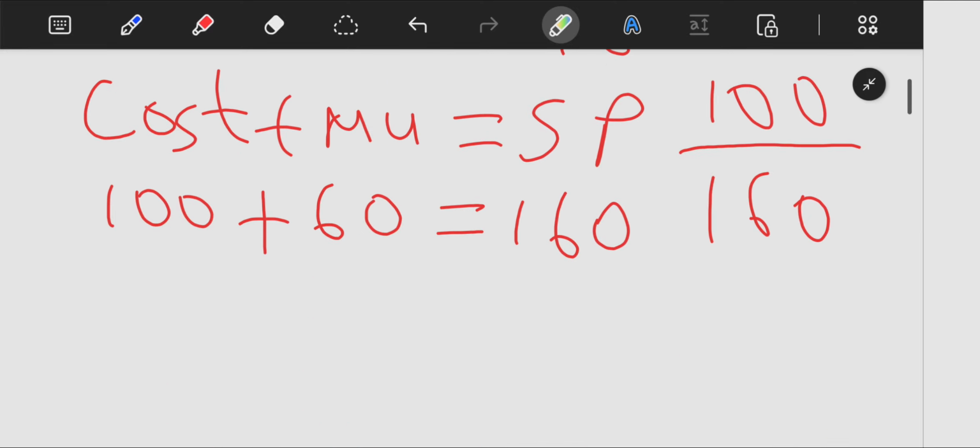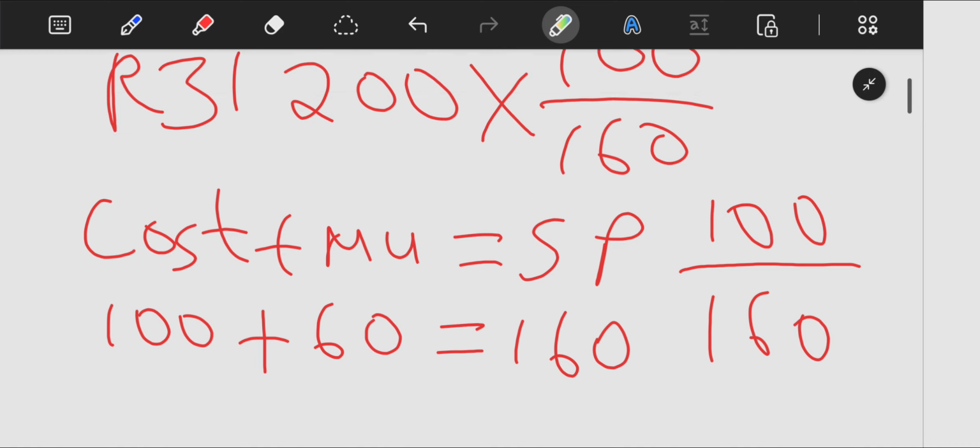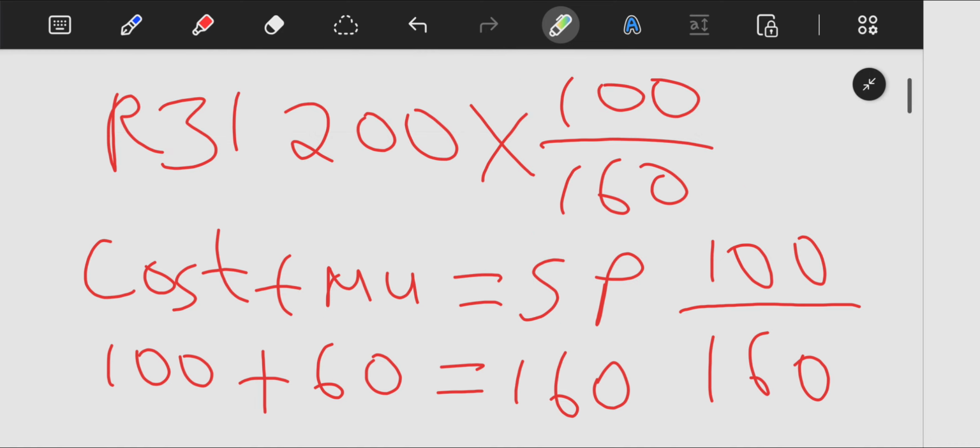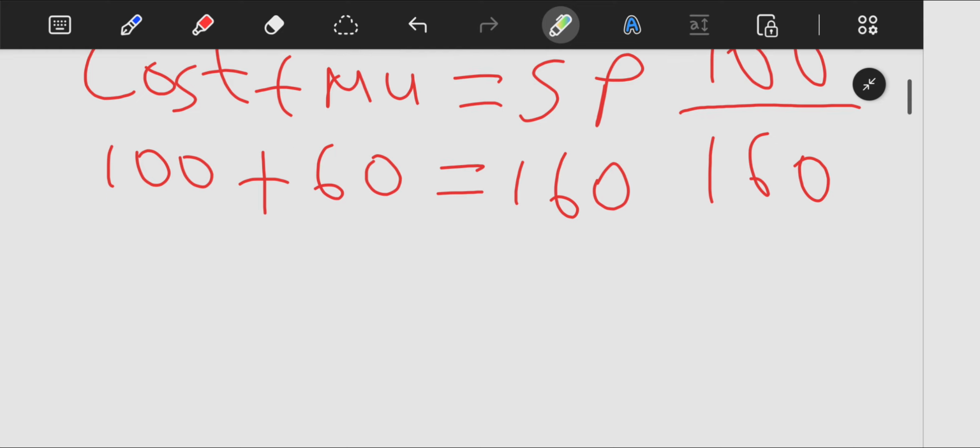And then you get your cost to be, I'm pressing my calculator, 31,200 multiplied by 100 divided by 160. You get 19,500.